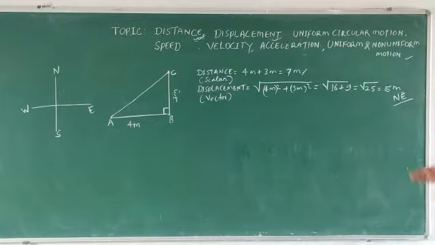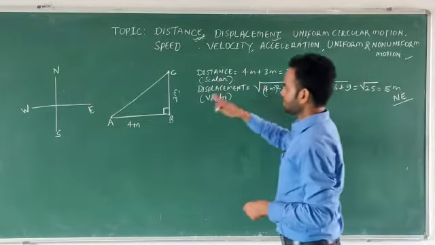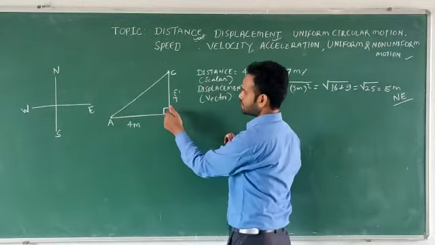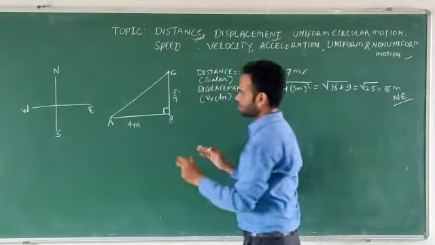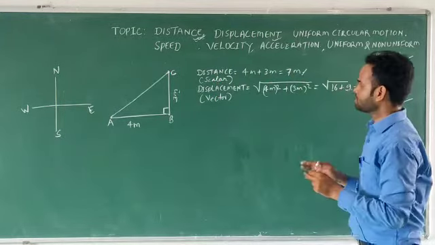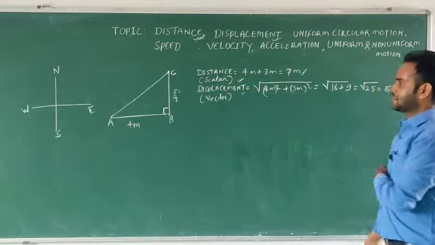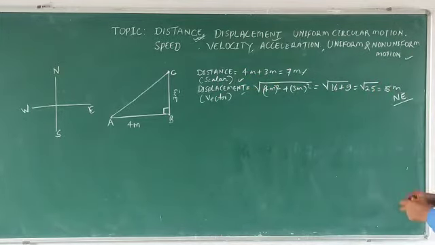It is the complete answer. And in the case of distance, first it travels in the east direction, then it travels in the north direction. That is why the direction is not fixed here, and that is why distance is a scalar quantity. But displacement is a vector quantity, because in this case direction is also given.